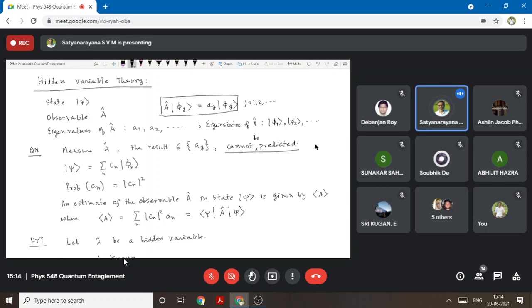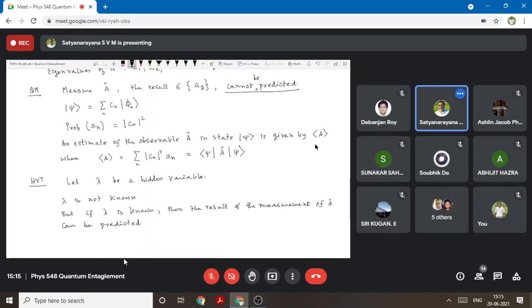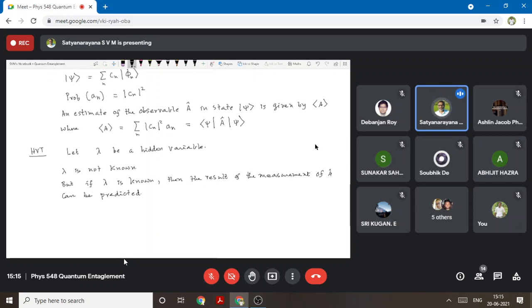Quantum mechanics tells you the probability of finding each value. That's all. And then for that state, you calculate the average value of the various results that you are getting. Now in this theory, we go a step further and ask why this is random. It is random because this measurement result or the eigenvalues will depend on some variables which we don't know.